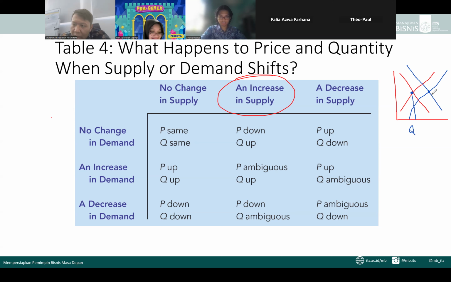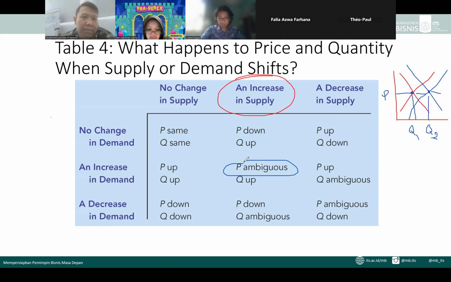This is quantity one, this is quantity two. But we have the same price level. When the two curves shift and the price stays the same, we call this ambiguous. Ambiguous means we cannot know what will happen to the price. It can go up, it can go down, depending on which shift is bigger.